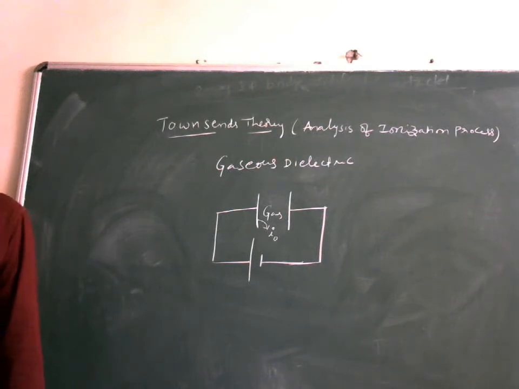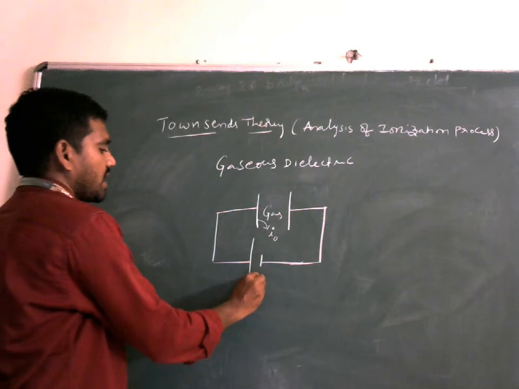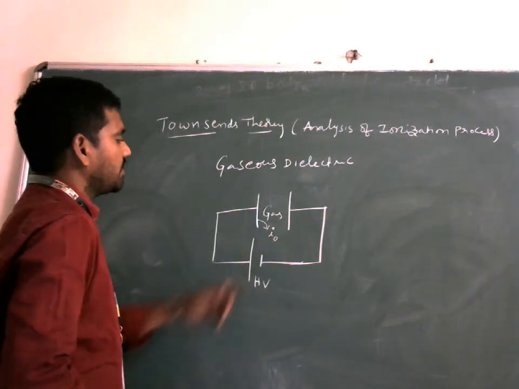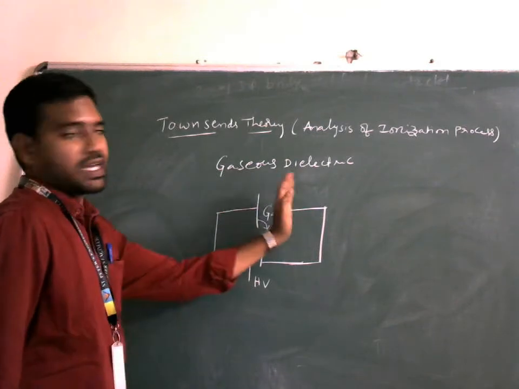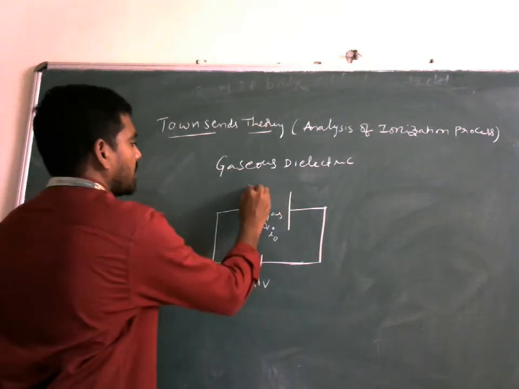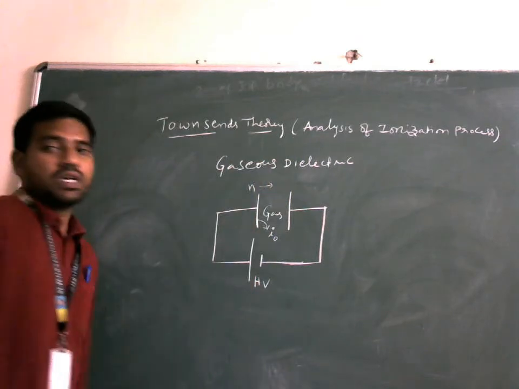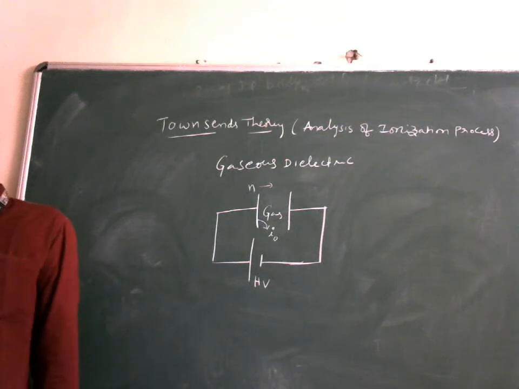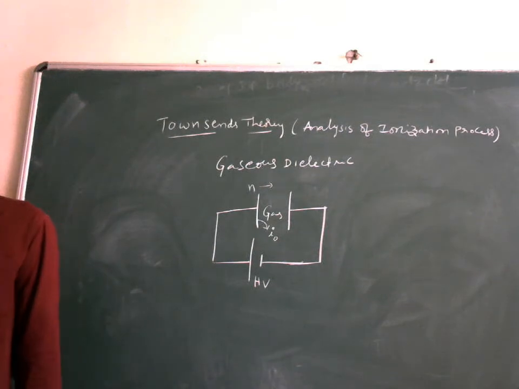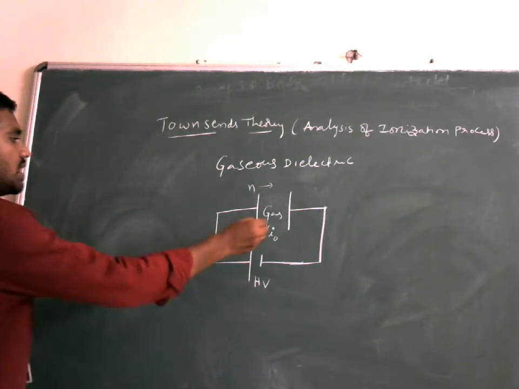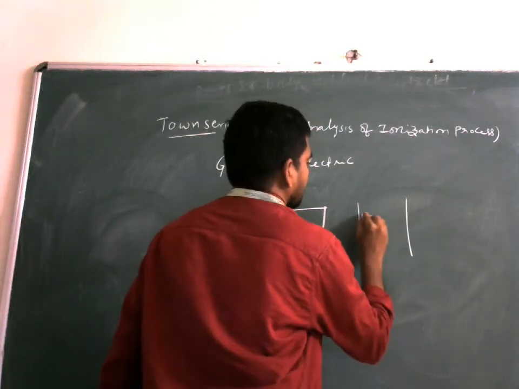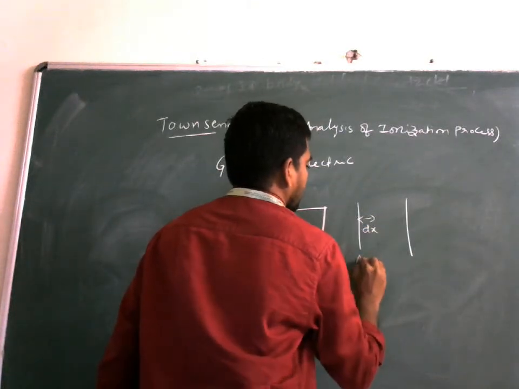Whenever we are applying a high voltage, automatically the current will be flowing through these electrodes, from the positive electrode to the negative electrode, so n number of electrons will move from the anode to the cathode. For example, if I take the Townsend constant alpha, I am considering a small distance dx.